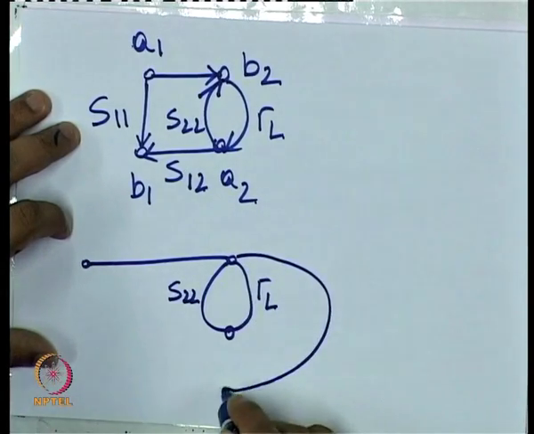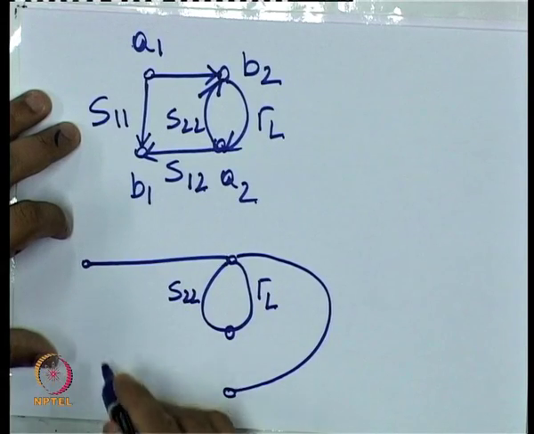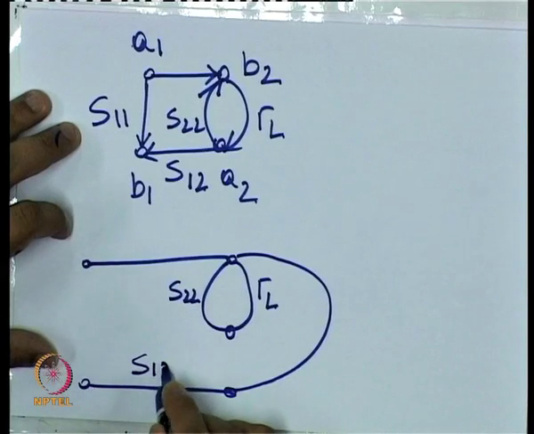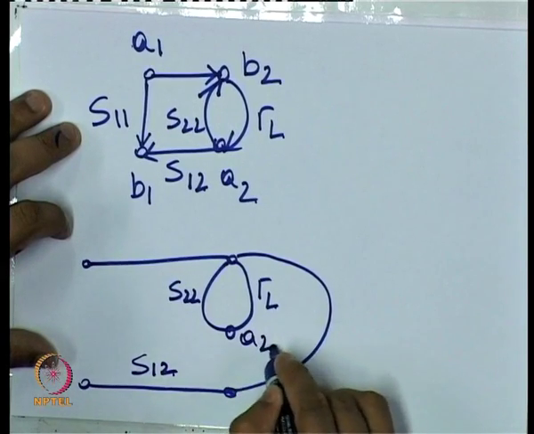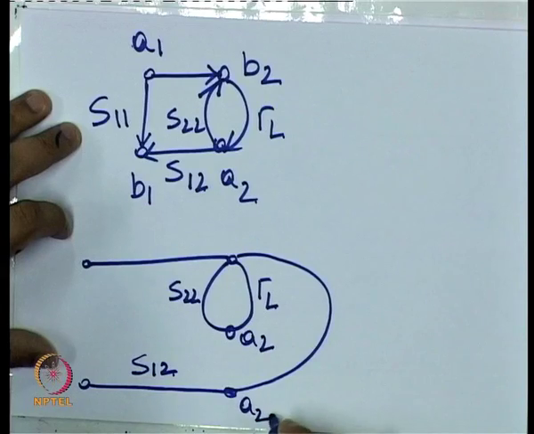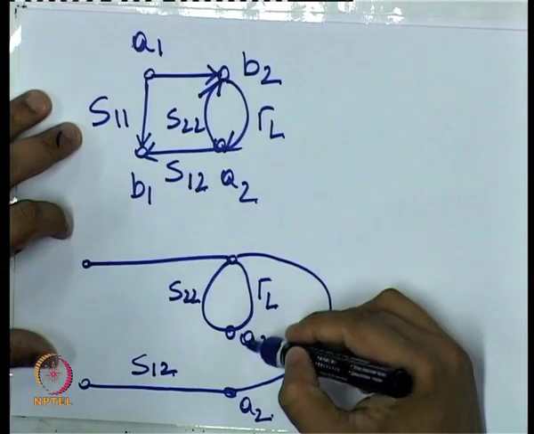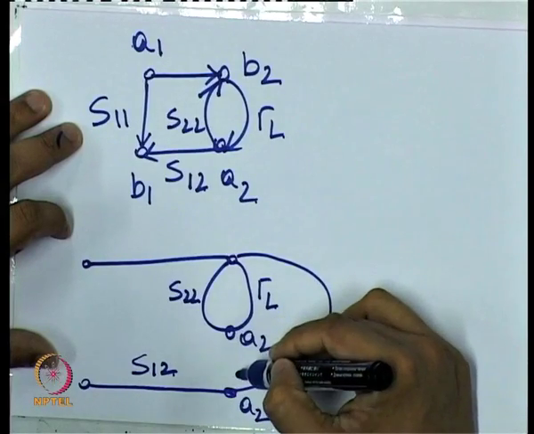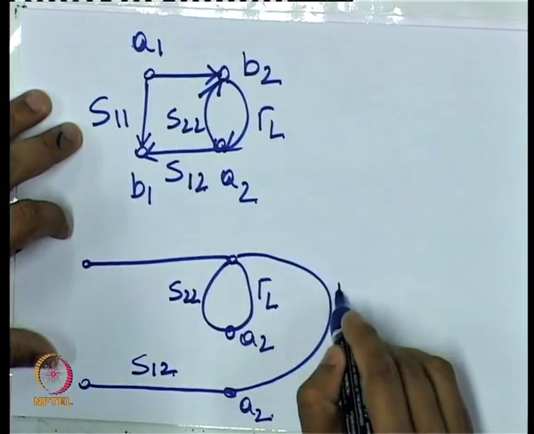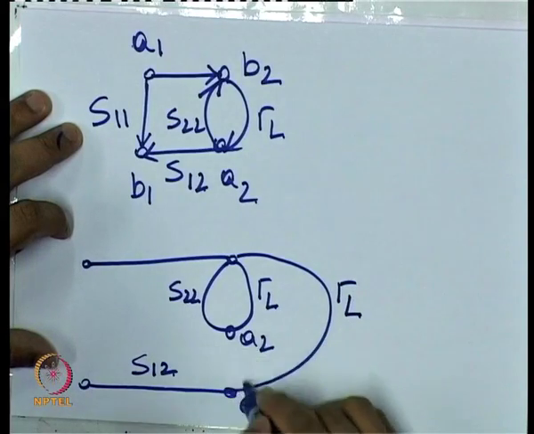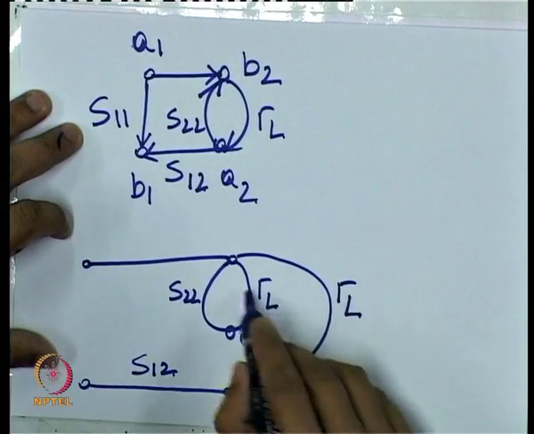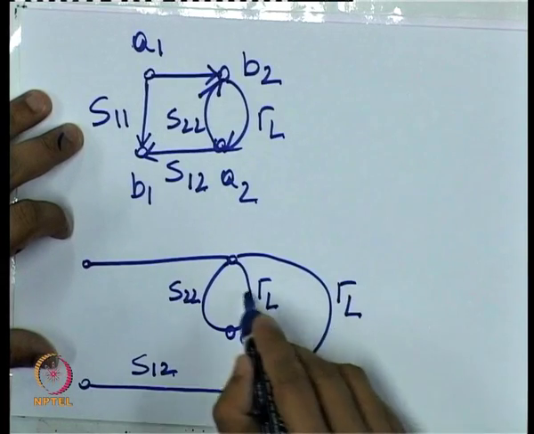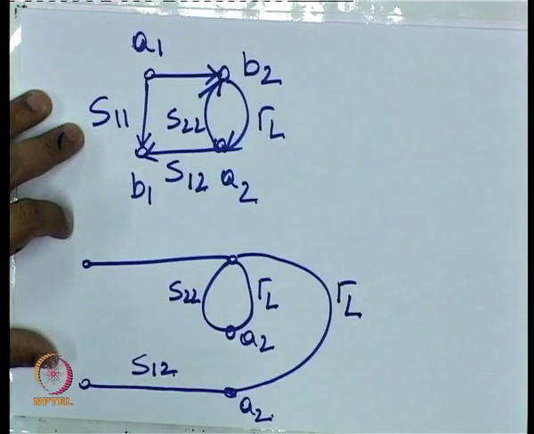I also have gamma L here. So what I did was, I took 2 points, I split this node A2, and I have provided a path with weight gamma L to both these nodes A2.